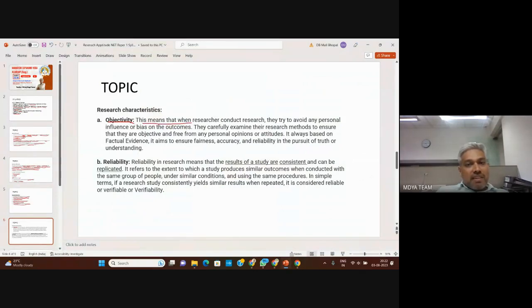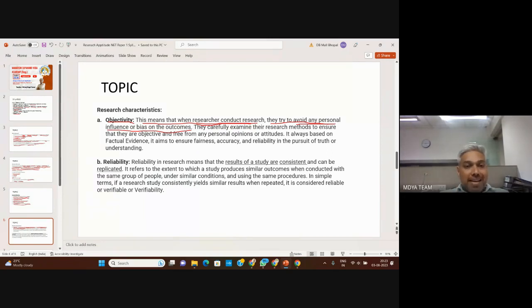This means that when a researcher conducts research, they try to avoid any personal influence or bias on the outcomes. Okay, remember it, focus on it. These words are very important. When a researcher conducts research, they try to avoid any personal influence or bias on the outcomes.